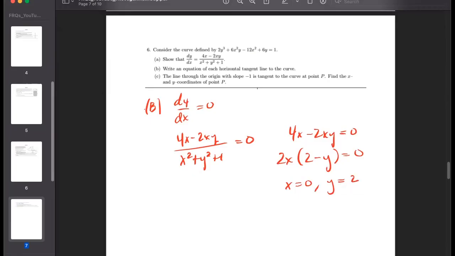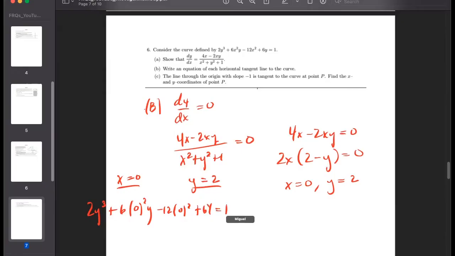So these are 2 different scenarios: x is equal to 0, and y is equal to 2. When x is equal to 0, we plug that into the original equation, and that's 2y cubed plus 6 times 0 squared y minus 12 times 0 squared plus 6 times y is equal to 1.